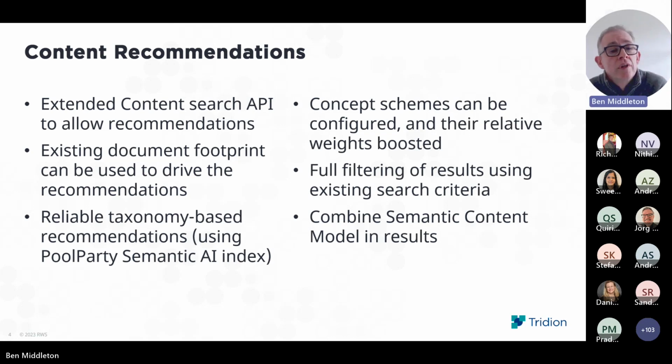So what we've done, we've extended our existing content search API, which was built back in previous releases of the GXT component, and we've added in the facility to do content recommendations. This provides various ways of doing this, but the first way is just a really simple case. You give it an existing document, and what it does is build a footprint of that document, which is based upon the tags, those concepts associated with that document.